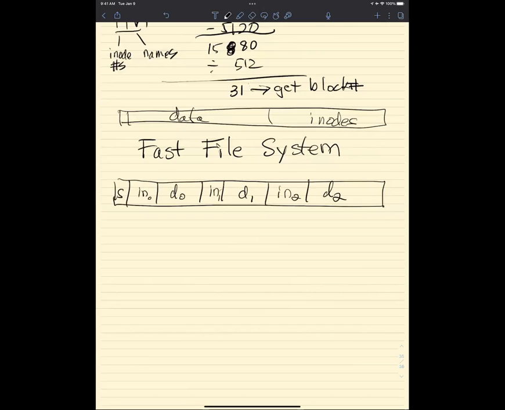And then we add some smarts to the file system algorithm that says, if your inode is here, then arrange for the data blocks to be nearby, so that seeking is a much shorter distance.